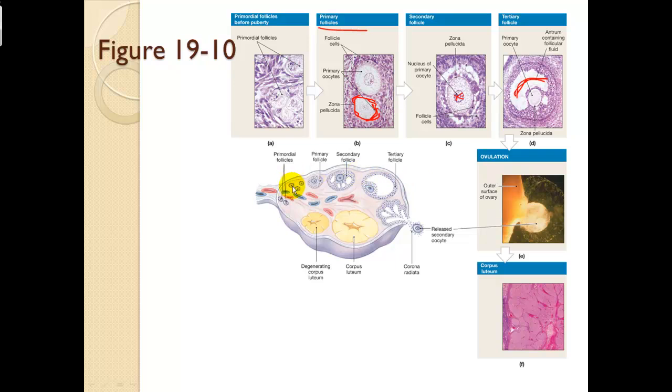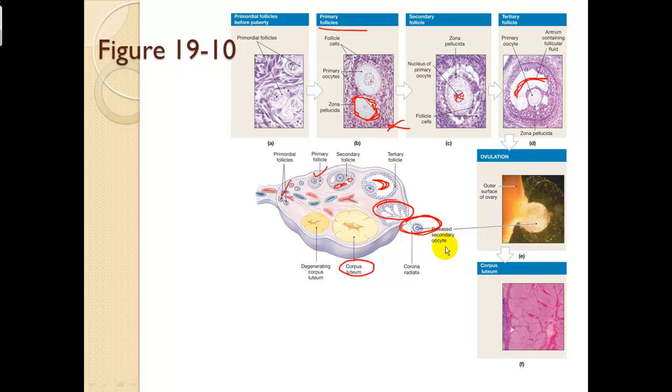If we look here: primordial follicles, the primary follicle up here, and secondary follicles, which start to develop. This is considered the antrum. Now, this is also considered a tertiary follicle. At the point that it develops the antrum, it's considered a tertiary follicle. This is ovulation. This whole structure will turn into the corpus luteum.